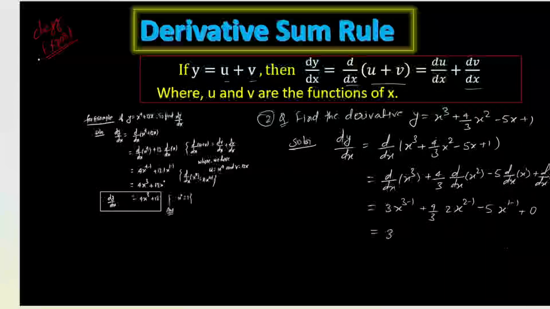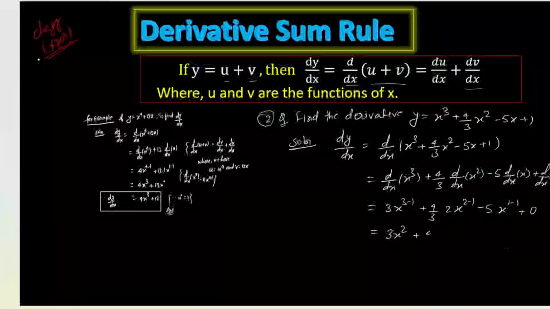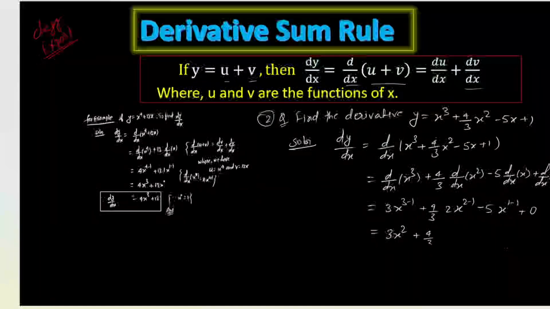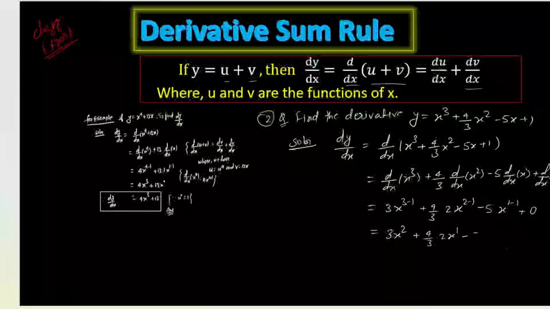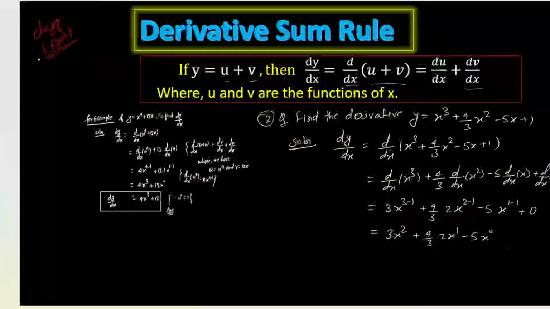So 3 x square plus 4 by 3 into 2 x to the power 1 minus 5 x to the power 0 is equal to 3x square plus 8 by 3 x minus 5.